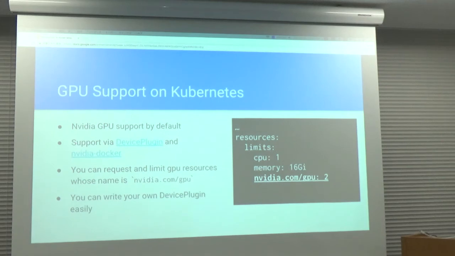So if you put resource limits, CPU one core or memory 16 gigabytes, and nvidia.com/gpu 2, this allocates 2 GPUs for you, and you can write your own device plugin easily. So we can introduce allocatable devices.